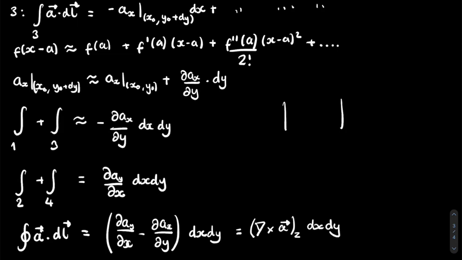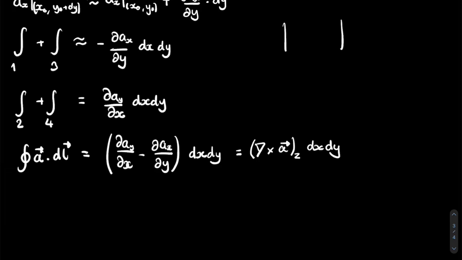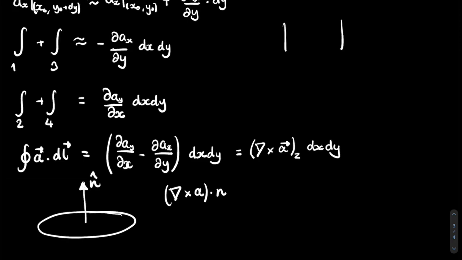So if we generalize this to a really small loop right here, we're going to find that independent of the geometry, the exact same principle is going to apply. So here is our small loop, and here is the normal vector pointing out of the loop right there. Then we find that the curl of A in the normal direction to the loop, in this case we did it with z hat, but of course this will work in any dimensions.